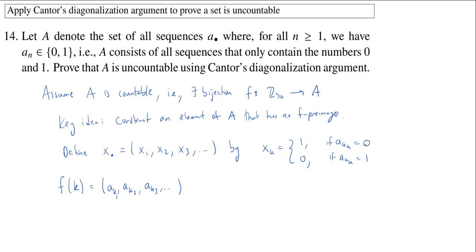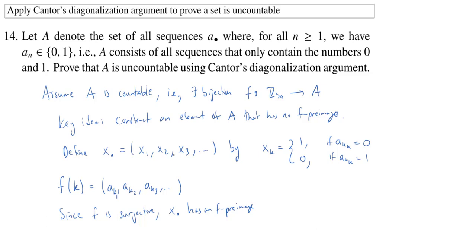Okay, but because f is a bijection, it is a surjection. So since f is surjective, x dot has a preimage. In fact, we say an f preimage, as long as x dot is in A, which it is.